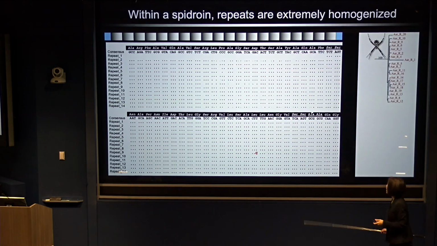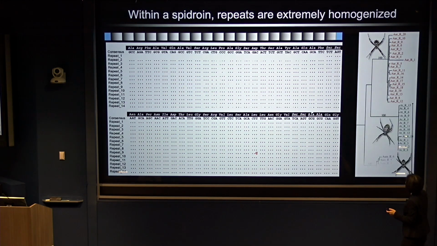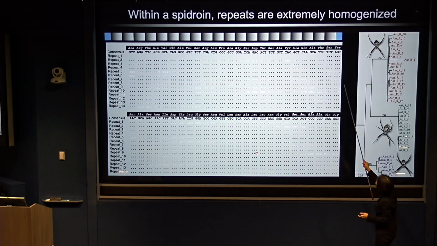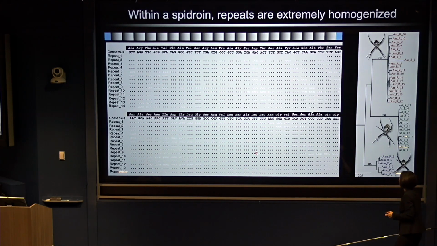So I've now made a little tree out of these sequences, and these are the repeats from the garden spider. I also aligned each of these repeats with the repeats from some other closely related species. And you can see that all the repeats group by species, so within a gene, you're homogenizing, right?